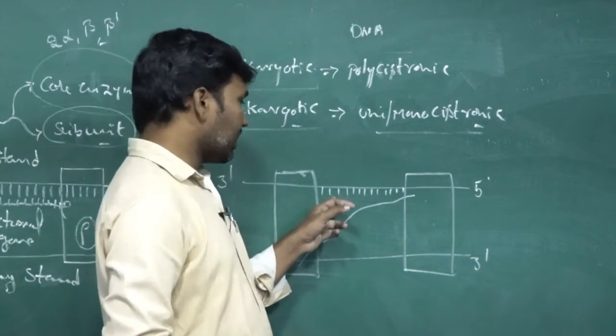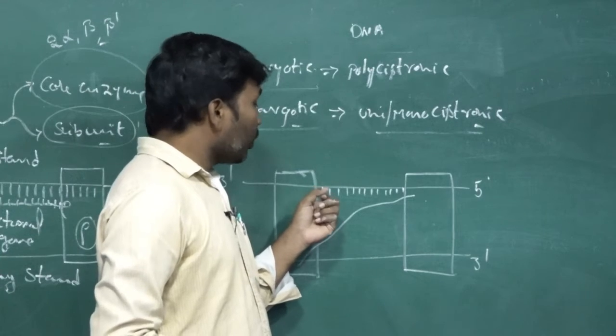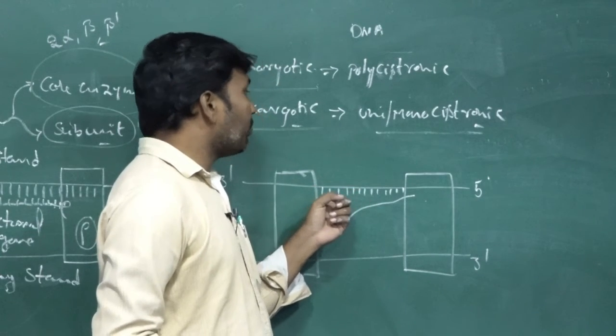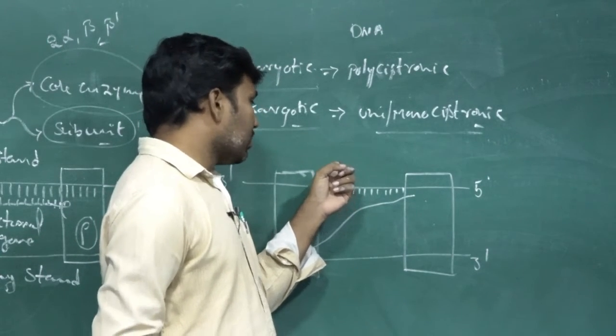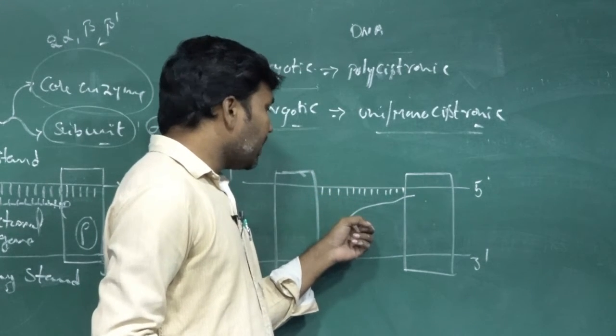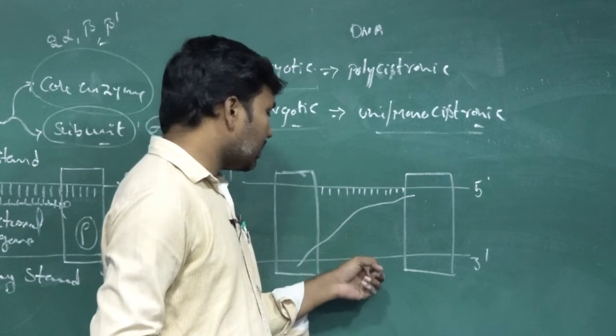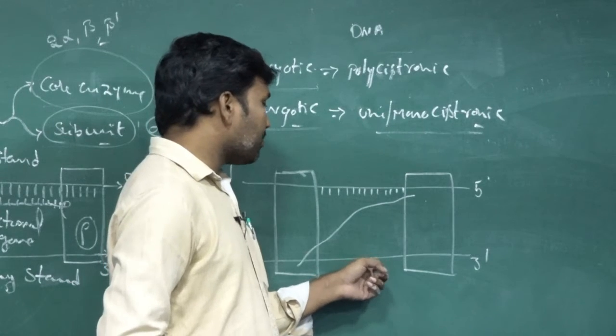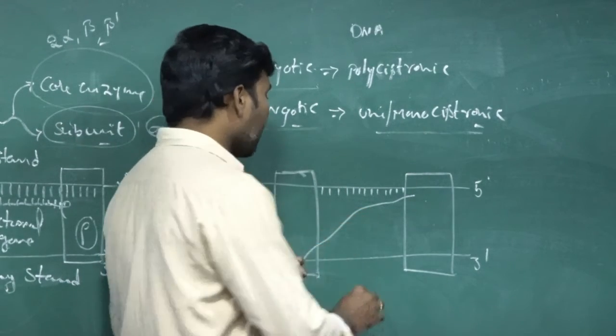So already we discussed in the eukaryote, the nucleotide sequence present in the template strand, and its complementary strand is called the coding strand. The same sequence is going to be synthesized into the RNA.